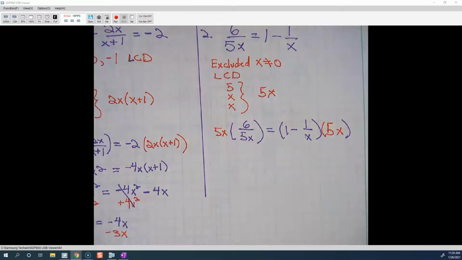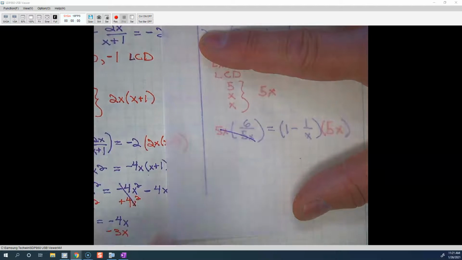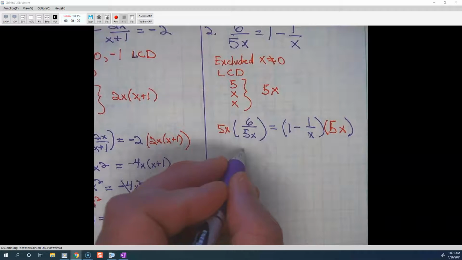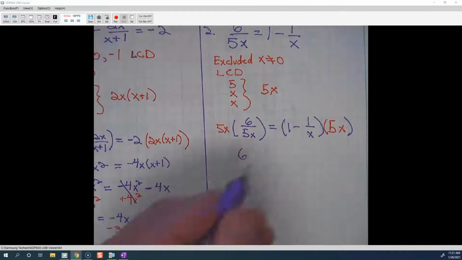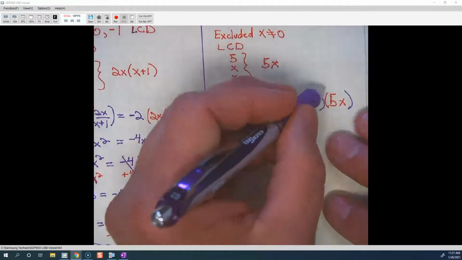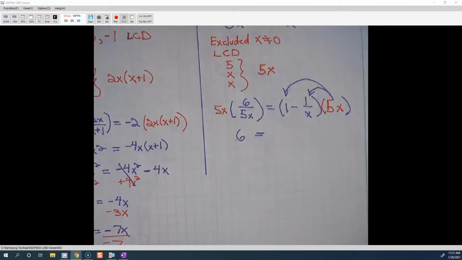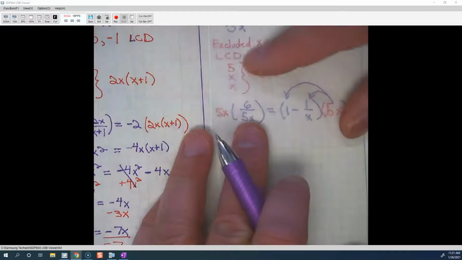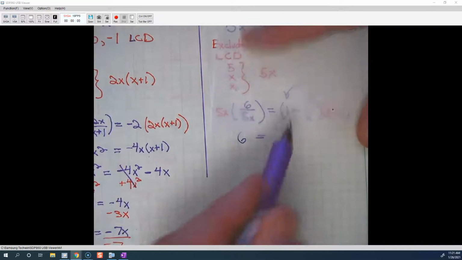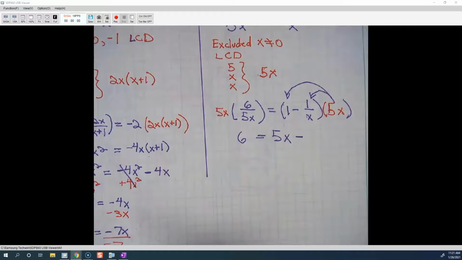All right, now I do my multiplication. So on the left-hand side, those cancel. I get rid of my fraction. Now on the right-hand side, I'm going to distribute. So I got 5x times 1, 5x, minus.